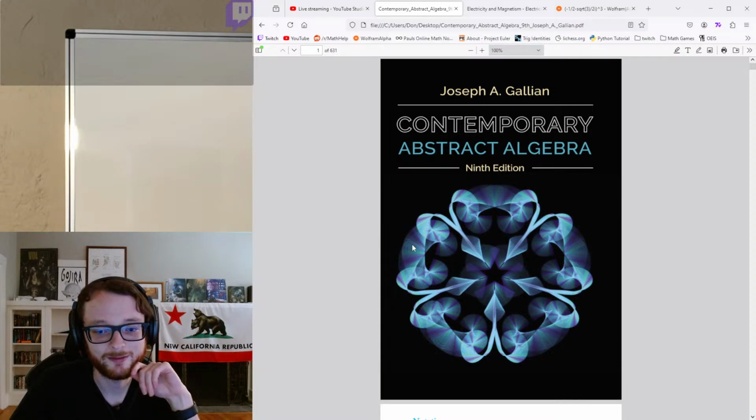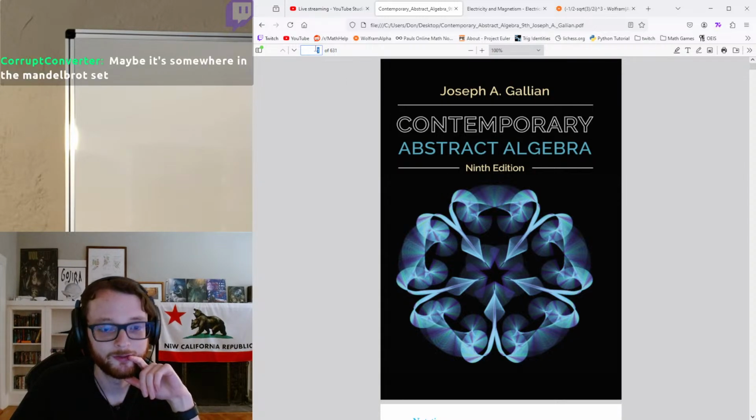You could talk about the rotational symmetries and what we call the flip symmetries. There's probably a better word for that. It looks a little bit like one of those flower-looking shapes you can get from a polar curve. Somewhere in the Mandelbrot. I wouldn't know anything about that, to be honest.